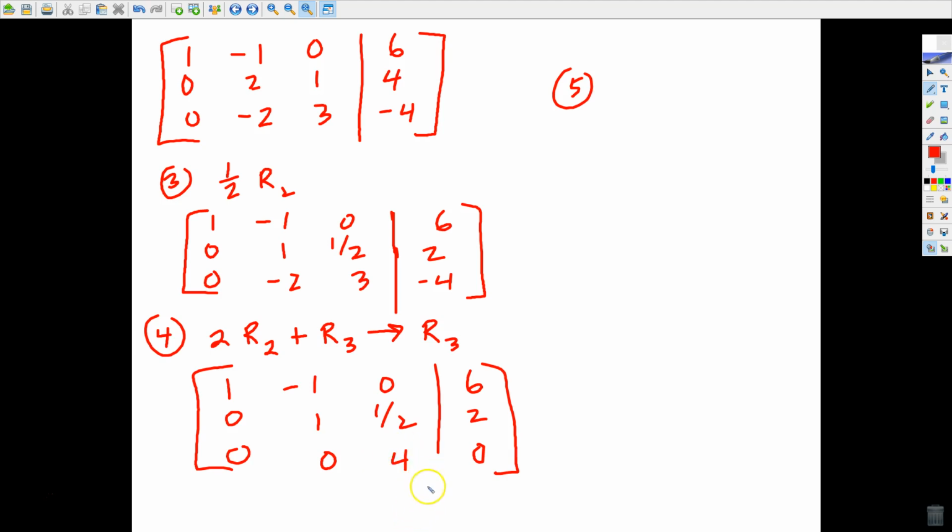Got to turn 4 into 1. One-fourth R3. Yeah, if I multiply the third row, that's what this means, all the way across by 1/4, it's not going to change my zeros because 0 times anything is still 0, but it is going to cause this to be 1.